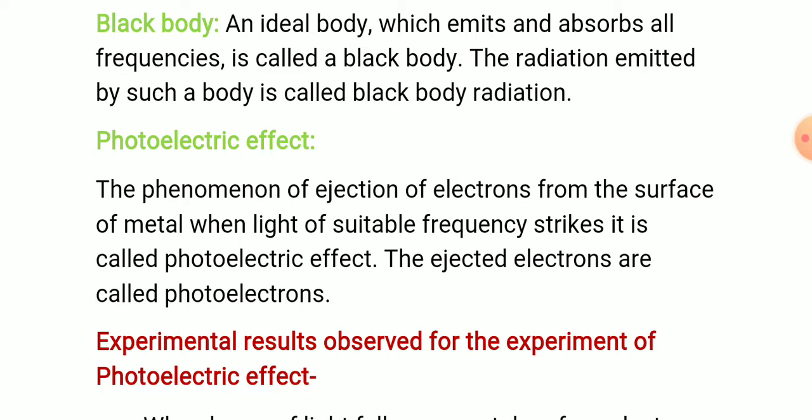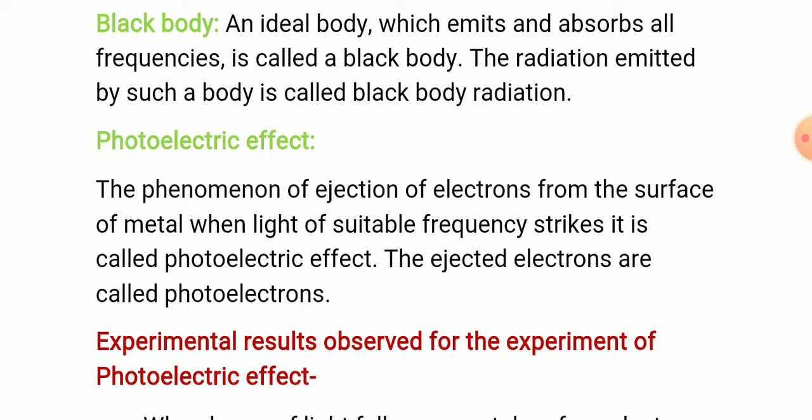The ejected electrons are called photoelectrons. So you have to shine light of suitable frequency on different metals to get photoelectrons.